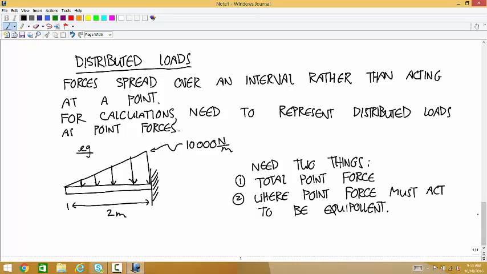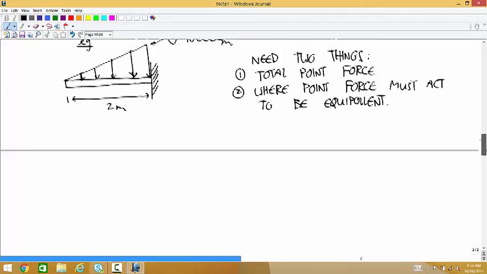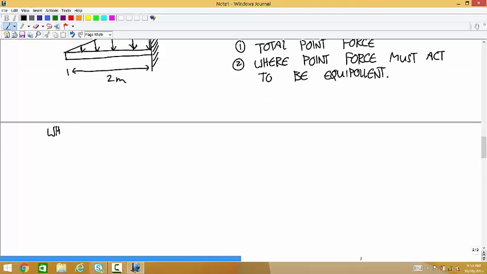All right, so before I talk about how to do this, and really how to do it is pretty simple, you have to understand kind of what this is getting at. So what is a distributed load? I think the best way to think about it is in terms of an analogy with speed or velocity.